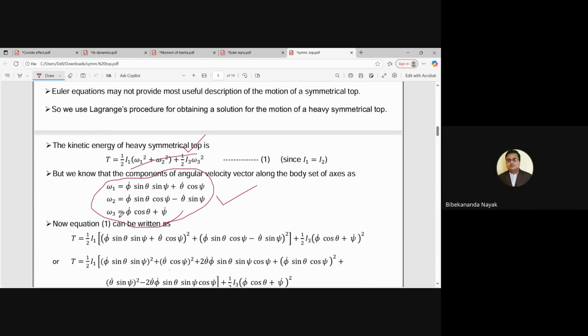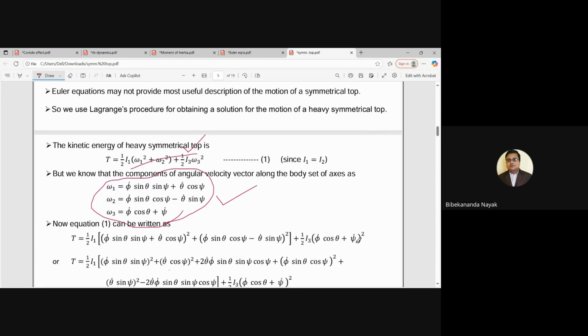You can also derive this formula; it is available in any book where the rate of change of a vector is given. If possible, I will also provide that material. So these are the values of omega1, omega2, omega3 in terms of the velocity components theta dot, phi dot and psi dot. Using these in place of omega1, omega2 and omega3, we get this expression.